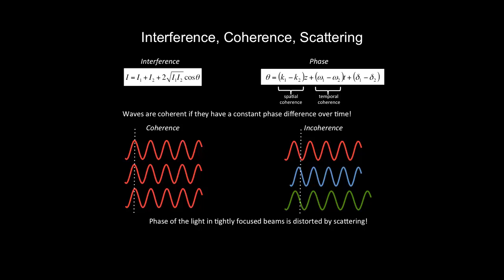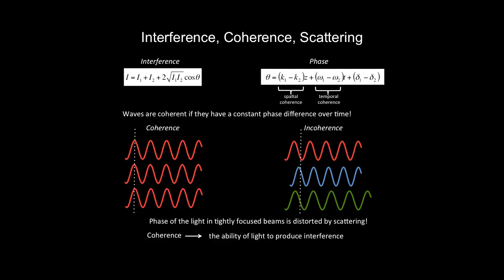Now, an important thing to know is that the phase of the light in the tightly focused beam is distorted by scattering, and the amplitude as well. But I wanted to focus on the phase now. So the scattering distorts the phase coherence of light, and that really means that the waves lose their ability to interfere, and then the focus gets aberrated, gets enlarged.